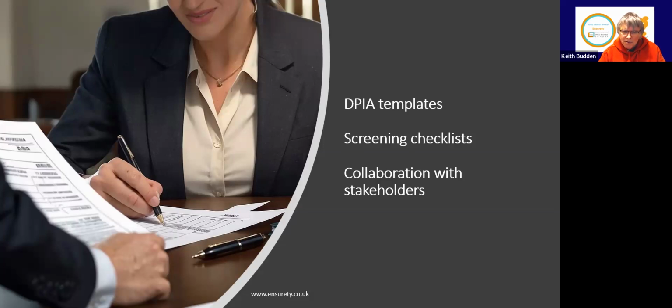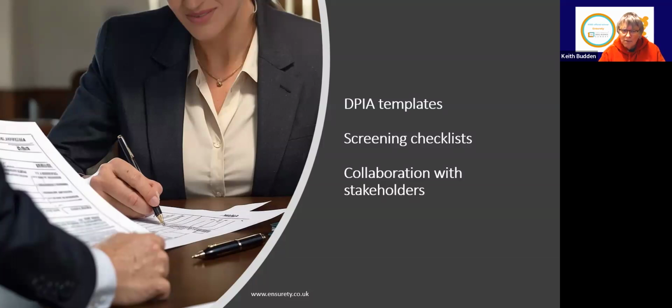And so what we also include with the DPIA template is our screening checklist, which basically gives you a set of questions that you go down, and if the answer to all of those questions is no, then you don't need to do a DPIA. If the answer to any of them is yes, then you do need to do a DPIA. But it can save a lot of time because if you just go down that checklist and that takes you 2 minutes and you're like, okay, yeah, we don't need to do a DPIA.